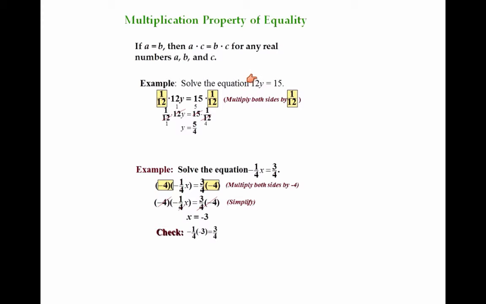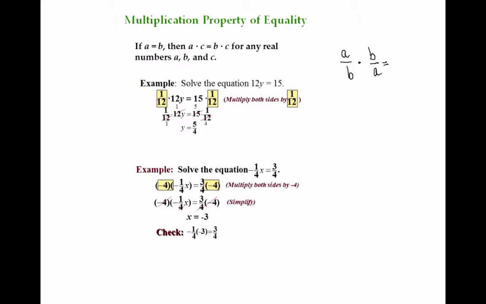To eliminate 12, I need to multiply by its reciprocal. What's the reciprocal of 12? 1 over 12, right? If I have a over b, the reciprocal of that is what? B over a.